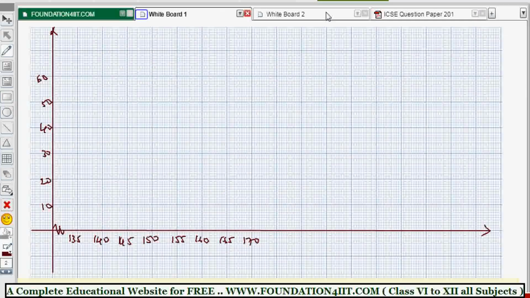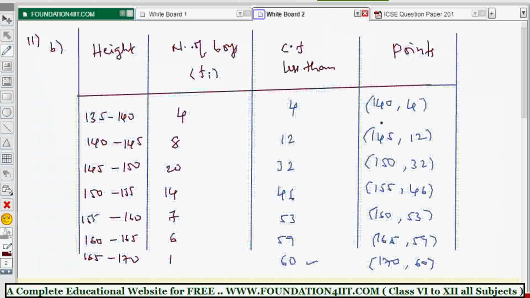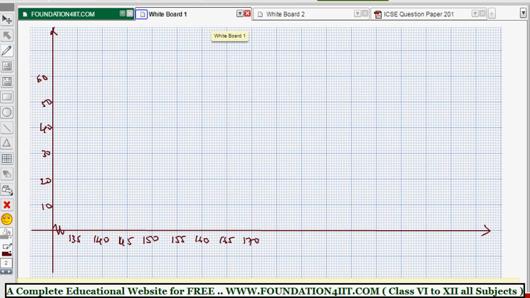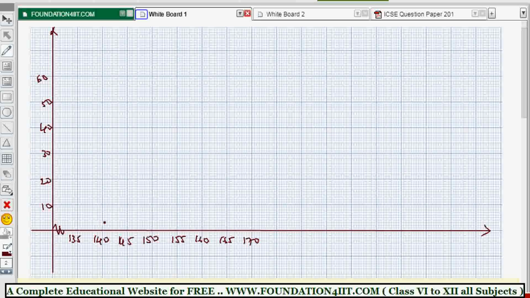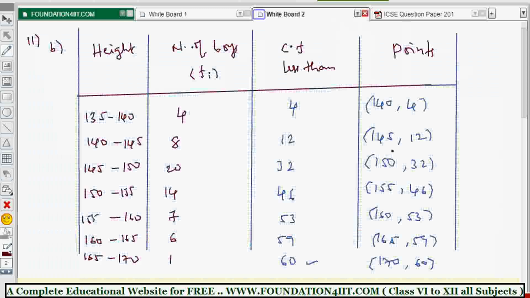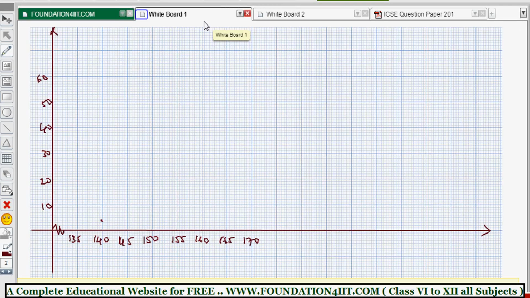Fine. So now we'll plot these points. So 140 comma 4. For 140 you can take the 4th line from the start. And 145 comma 12. So 145 on the x-axis, 12 on the y-axis. So 145, 12.